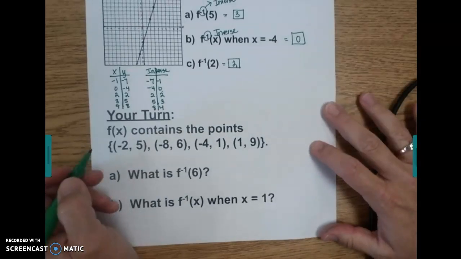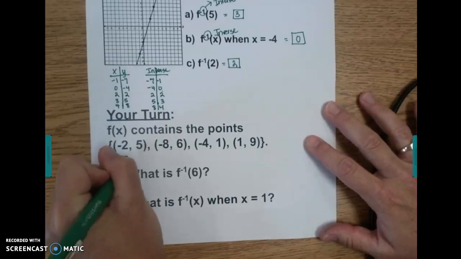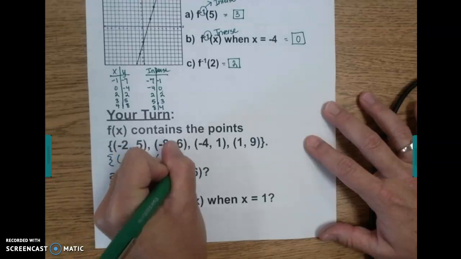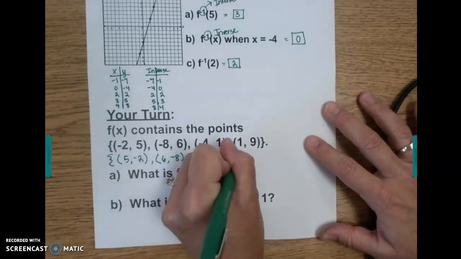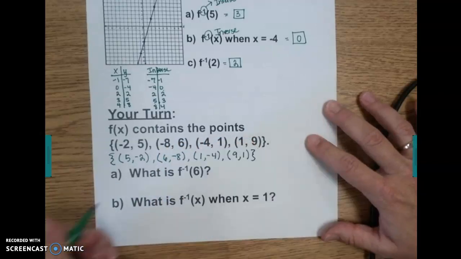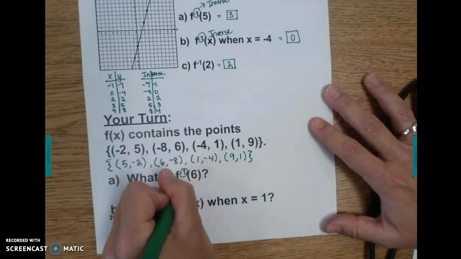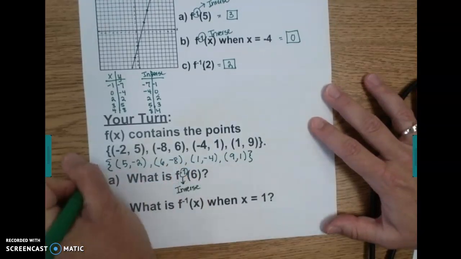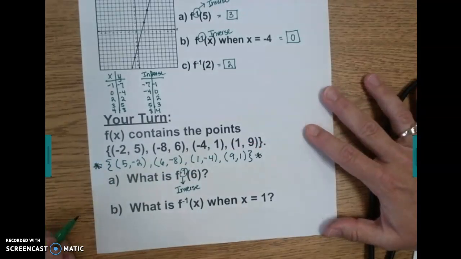So the first thing we should think is flip these coordinates. So we're going to have 5, negative 2, 6, negative 8, 1, negative 4, and 9, 1. So now, because this little negative 1 means inverse, I'm going to look at this list of coordinates.